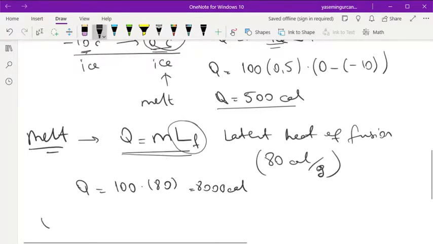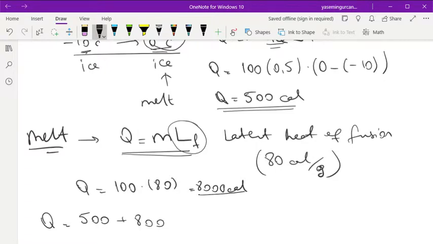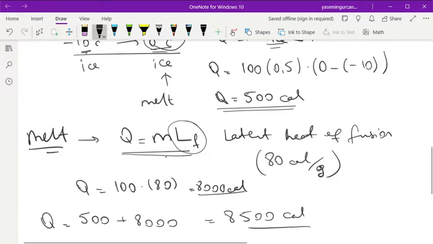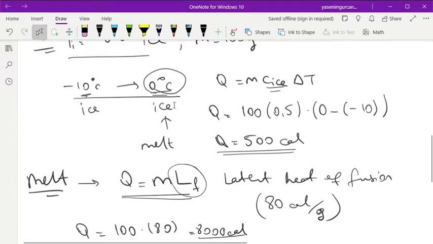So now you have total Q, where you increase the temperature of ice from -10 to 0° at 500, and also you melt it at 0° with 8,000 calorie. So you spend 8,500 calorie just to take ice from -10° and turn it into water at 0°.